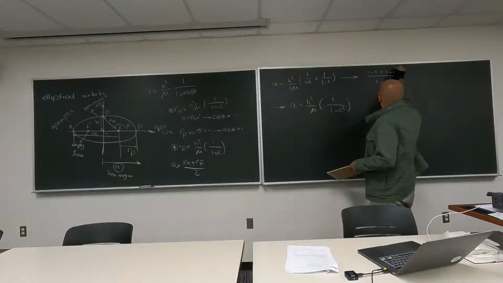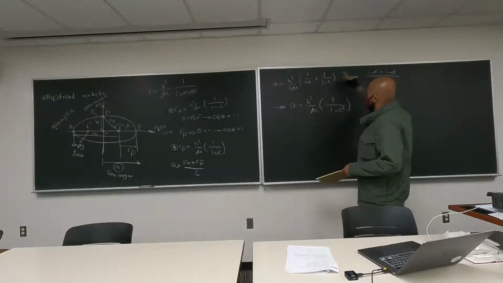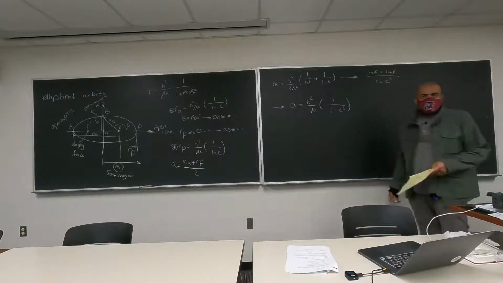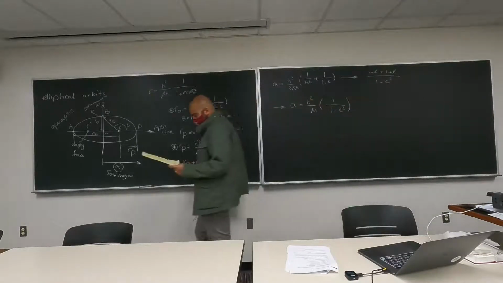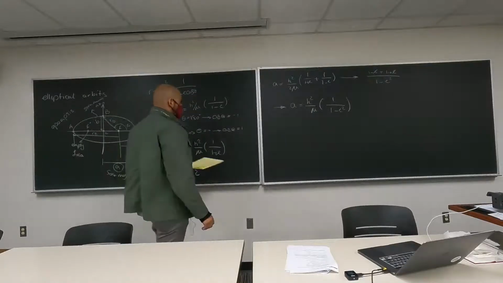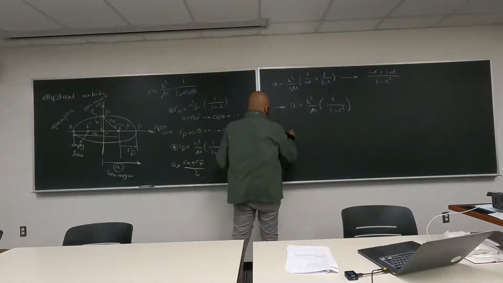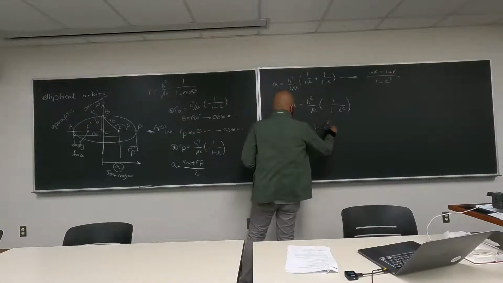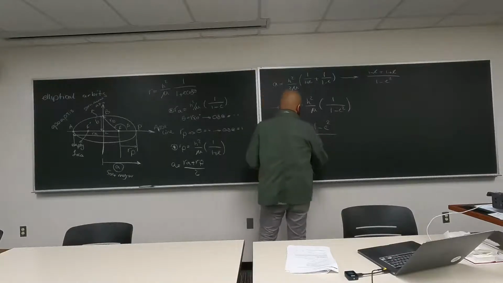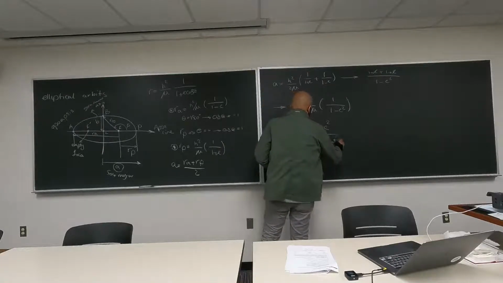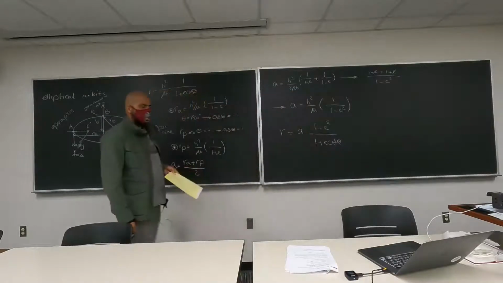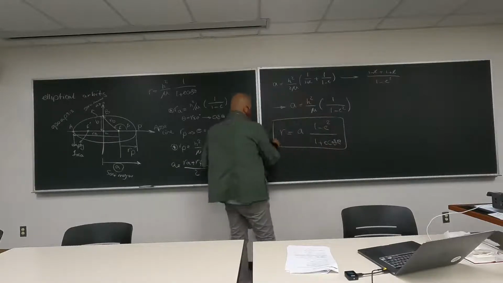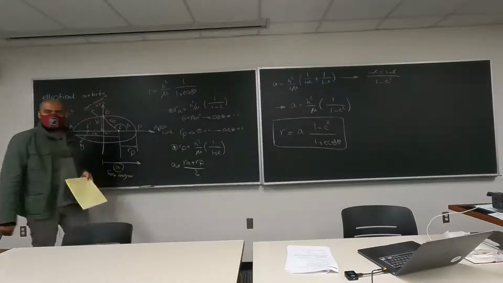The e's cancel out, and you're going to end up with a 2. These 2 here will cancel out this 2, and you'll end up with this equation for the semi-major axis. Which means that we can have the orbit equation as a function of your semi-major axis and the eccentricity: r equals a times 1 minus e squared over 1 plus e cosine of theta. So this is the new orbit equation as a function of semi-major axis.